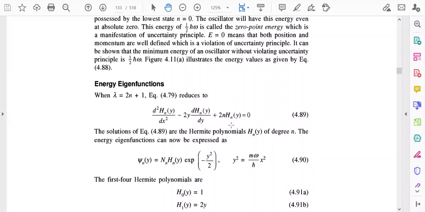So let us look carefully at the equation 4.89, and the solutions of this equation are actually Hermite polynomials H n of degree n. For the details regarding the Hermite polynomials, I advise you to go through any standard mathematical physics textbook.